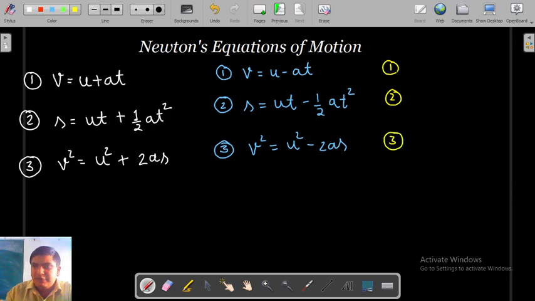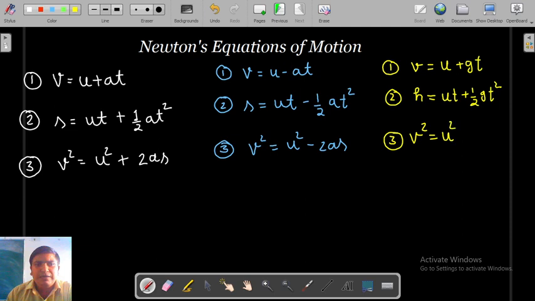So if it is falling under the gravity, then acceleration due to gravity is g here, then we can write that v equals to u plus gt, and if it is falling from height h, then h equals to ut plus half gt square, and v square equals to u square plus 2gh.